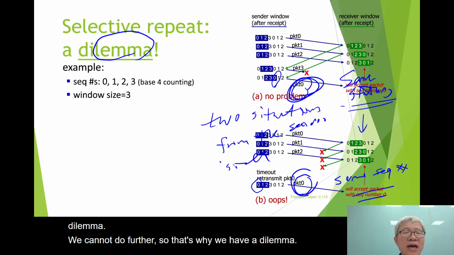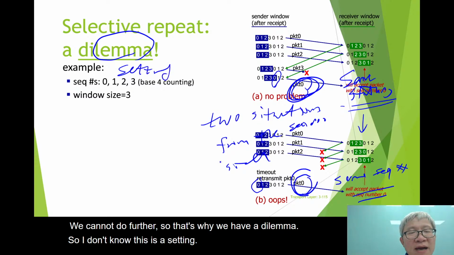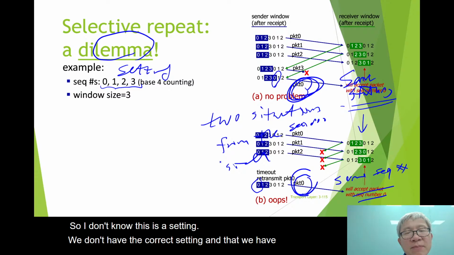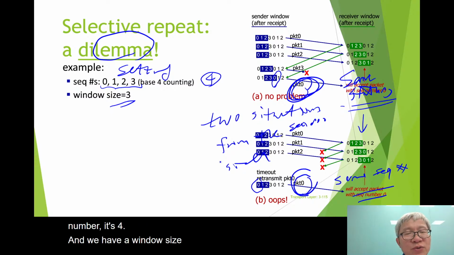Well, so this is a setting where we don't have the correct setting. The size of the sequence number is 4, and we have window size 3. So what's wrong?